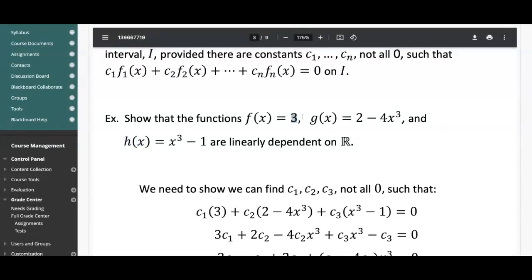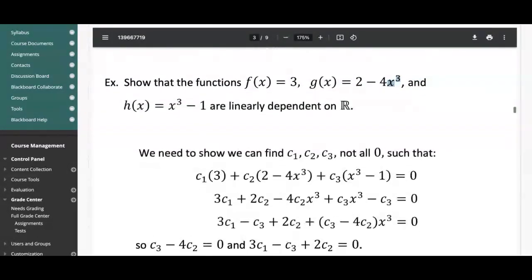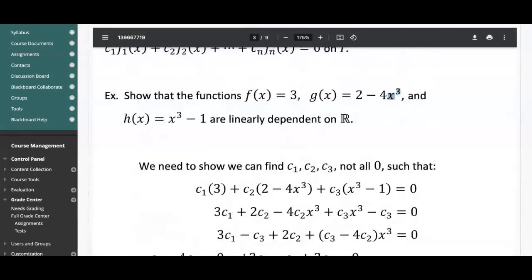Because this is just constant, this is just constant, this is just constant, and these 2 terms are like terms, the x cubed term. In other words, you can write one of the functions in terms of the other 2.